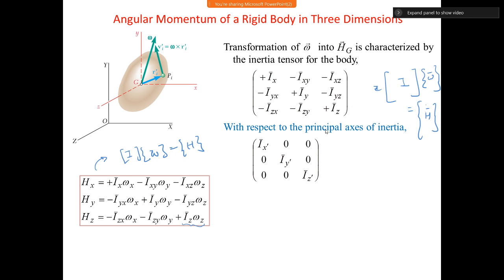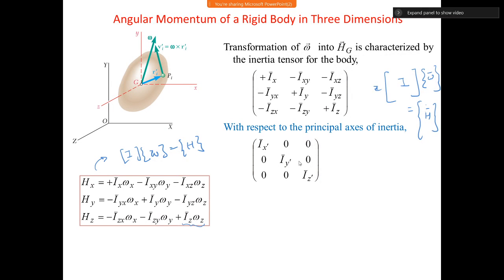For such principal axes we know that the product of inertia terms are 0 for a 3D object. So if we choose these axes as principal axes, this matrix becomes quite simplified. And of course, out of these, one term is going to be very large, one very small, and one in the middle. That is the typical thing.